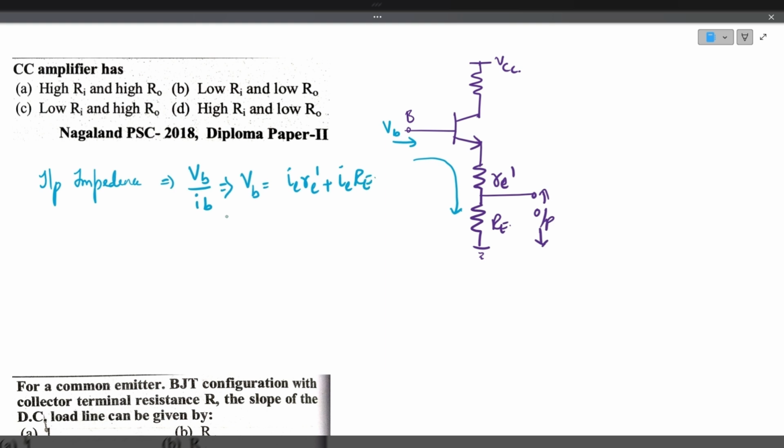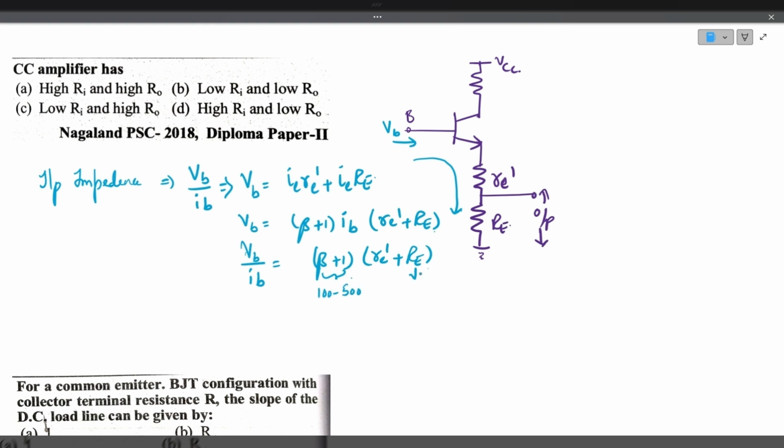The emitter current can be written as beta plus 1 times IB, so VB equals (beta plus 1) IB times (RE dash plus capital RE). Now the input impedance, VB by IB, base voltage divided by base current, is beta plus 1 times small RE dash plus capital RE. Usually the beta value will be very high, in the range of 100 to 500, and RE value also will be very high, in some kilo ohms. So the overall input impedance is very high for common collector amplifier.